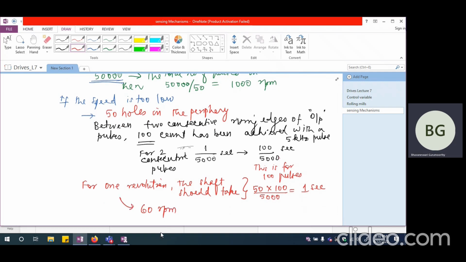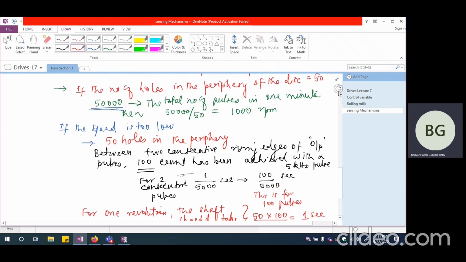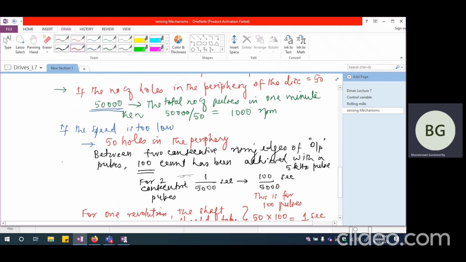So this is going to be 1 revolution per second or 60 revolutions per minute. So we should be able to calculate the speed quite accurately if we use a high frequency pulse and count the number of pulses between two consecutive holes. Or if the speed is really high, then we can calculate the complete revolutions per minute by counting the output pulses itself. So the speed sensing can be achieved quite accurately by the encoder mechanism.